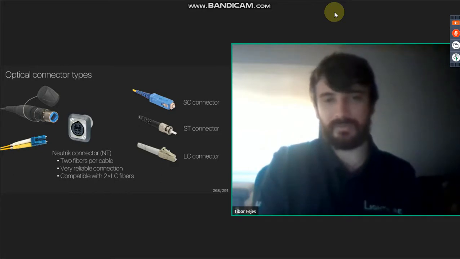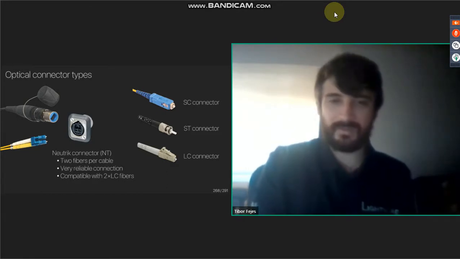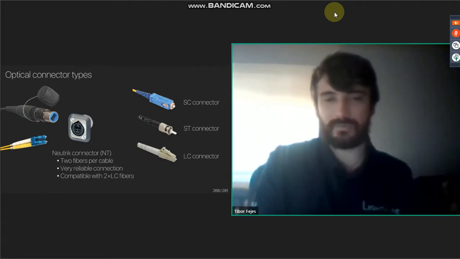And then the other commonly used ones are the SC, which came around in the beginning of widespread fiber use, but is now not as popular. ST is very popular in the military in the US because it's got the bayonet locking, and then the LC connector is now probably the most widespread because of its use in IT and data centers with SFP modules.